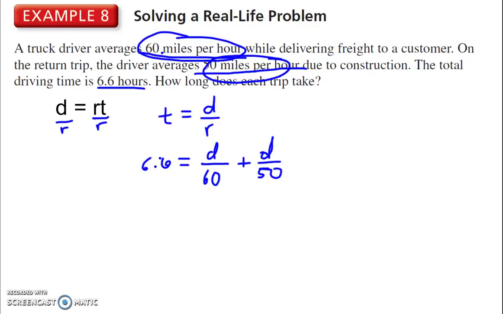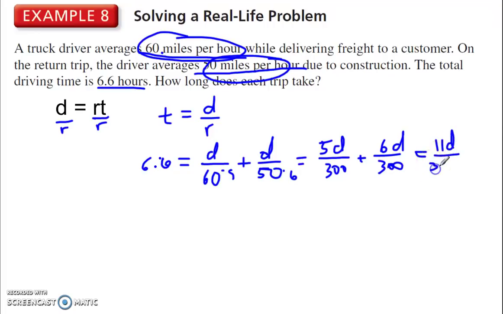So we find a common denominator. We multiply this by 5 and this by 6, and we get 300. So we get 5d over 300 plus 6d over 300. All right, so we get 11d over 300.